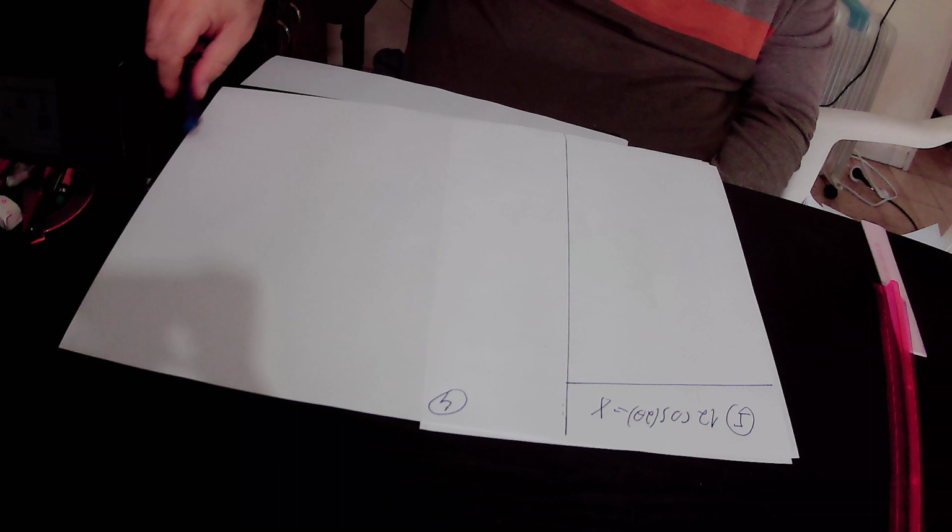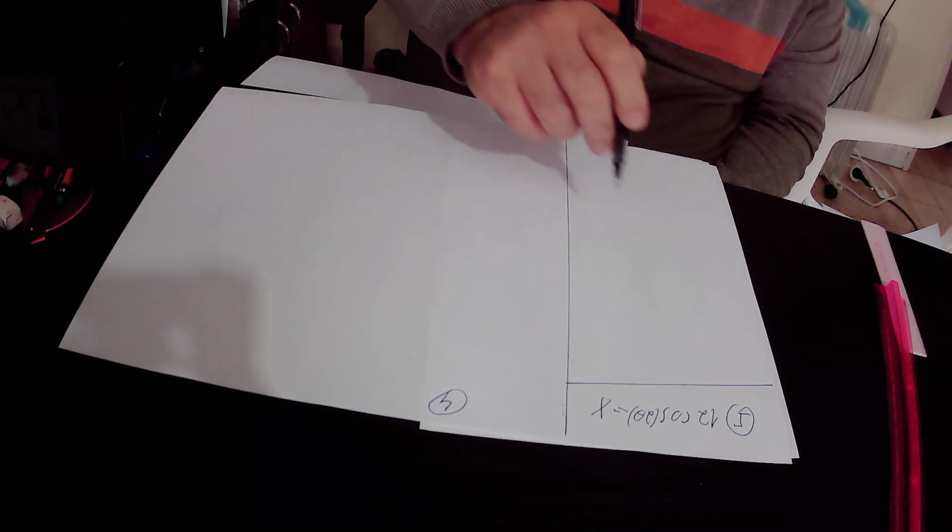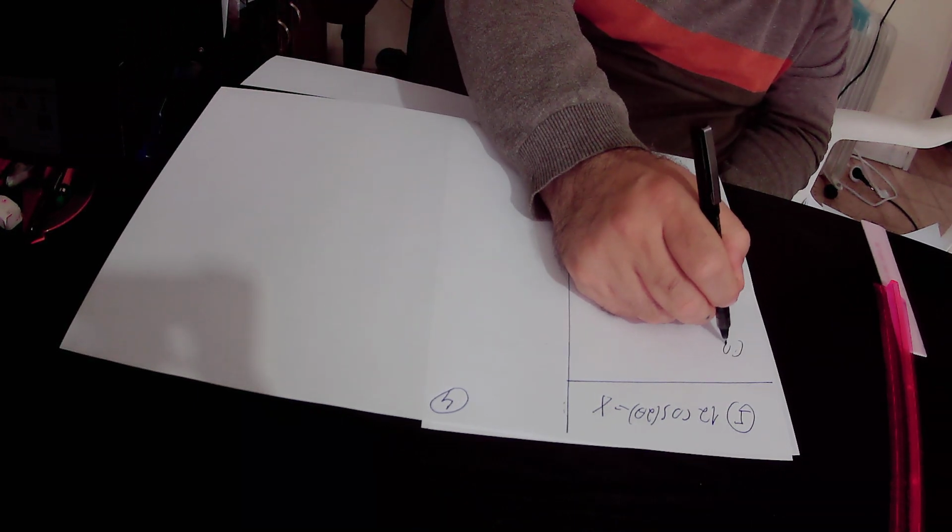Actually, we have a trigonometric identity for cosine 2 theta.